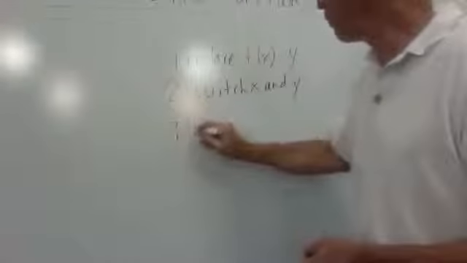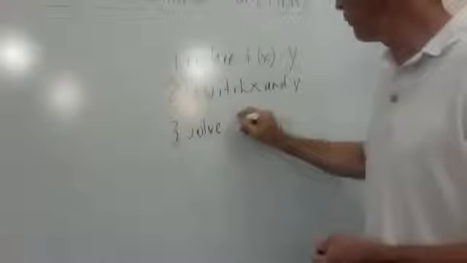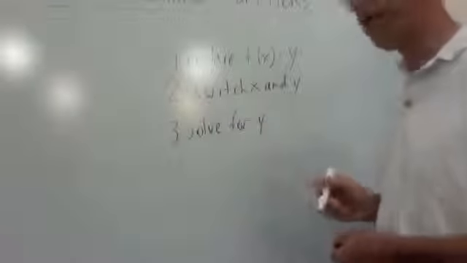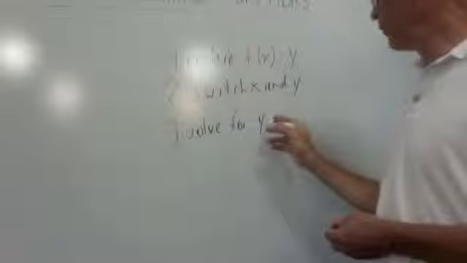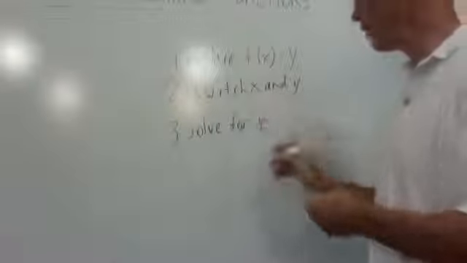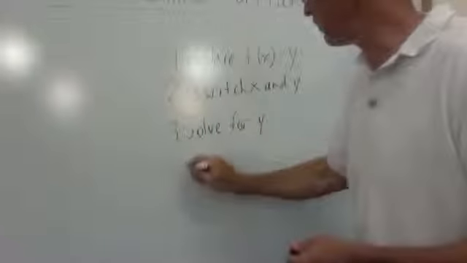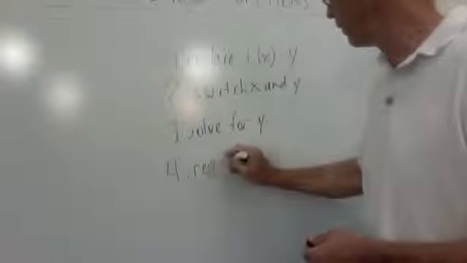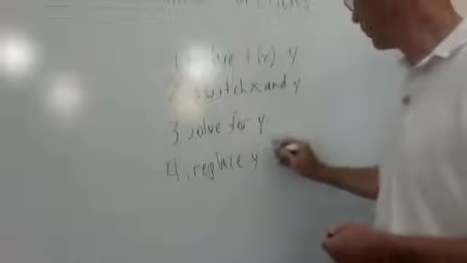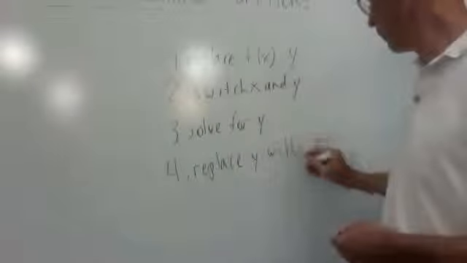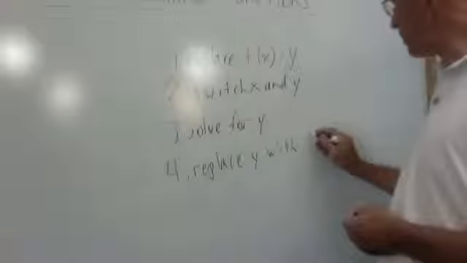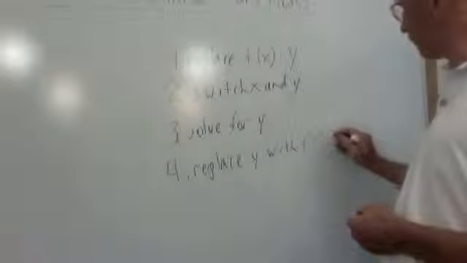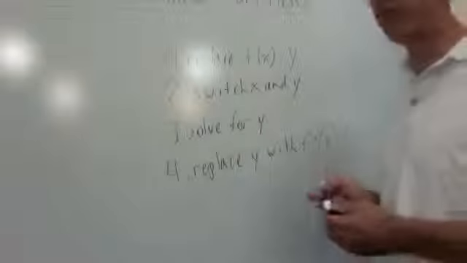And then we're going to solve for y. And then lastly, after we have y equals something, you're just going to replace it again with f of negative 1 of x, so the inverse function.